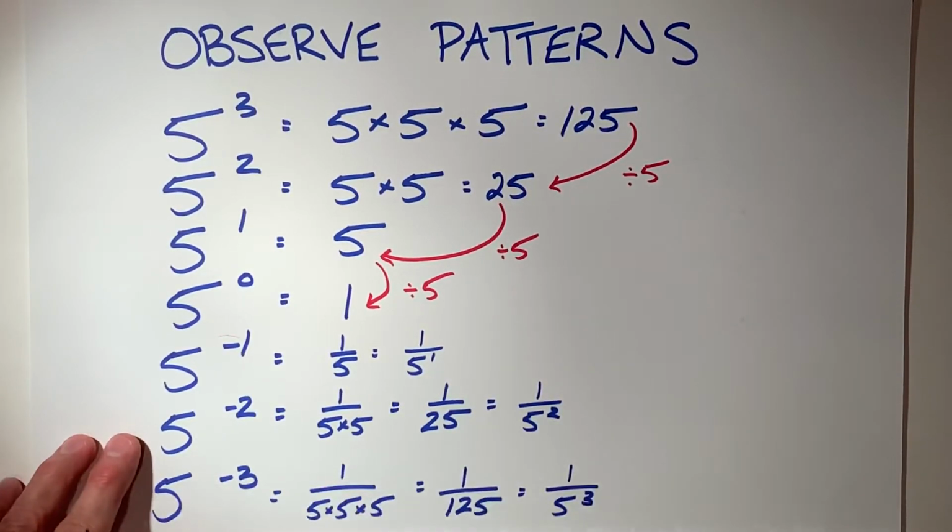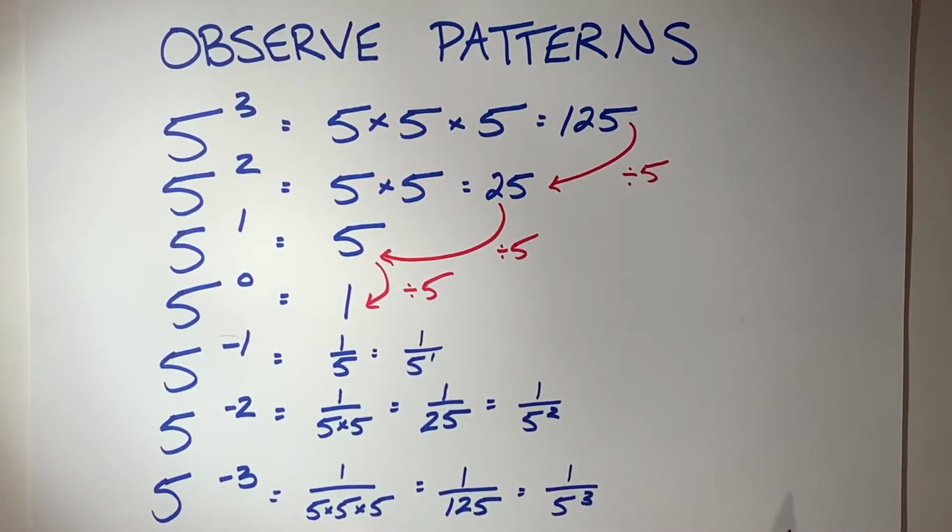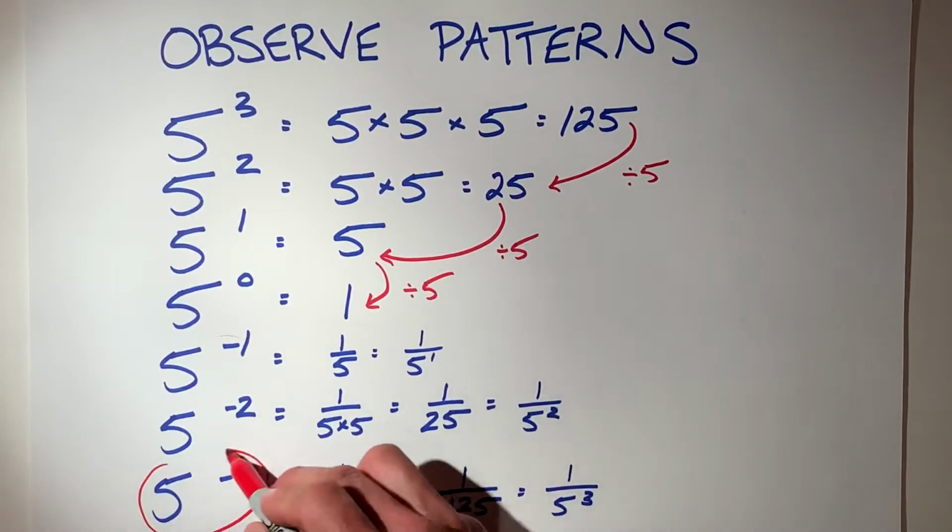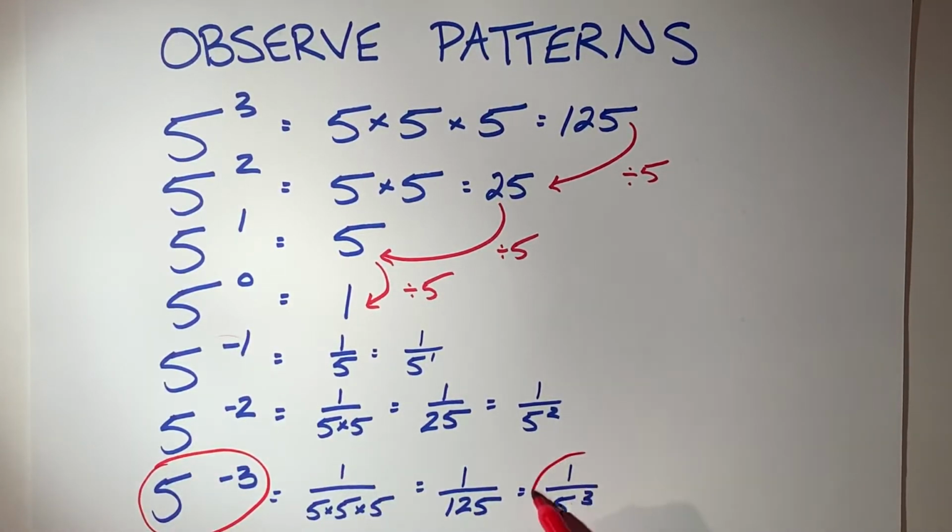And if we go one more layer down, we have 5 to the -3rd, and you might see again some similarities. 1 over 5 times 5 times 5, that's what happens when you keep dividing by 5. That is 1 over 125, or, this is neat, 5 to the -3rd and 1 over 5 to the +3rd are exactly the same thing.